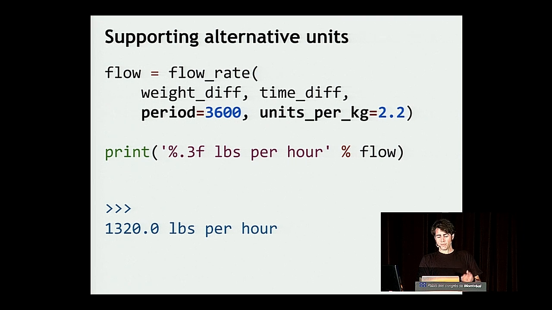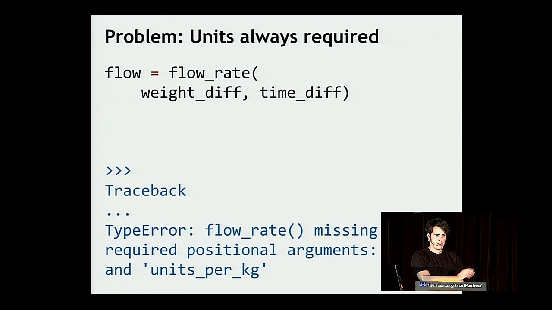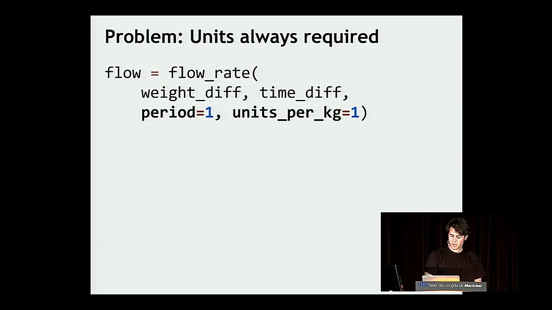So this works really well, but the problem is that you still have to pass the units even if you don't need them. So I've added these parameters, but they're not optional. And if you leave them out, Python will get mad at you and say, hey, you need to pass the period and the units per kilogram. So this is noisy, it's redundant, it just doesn't make sense to have to do this every time.